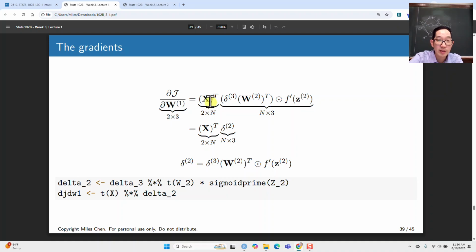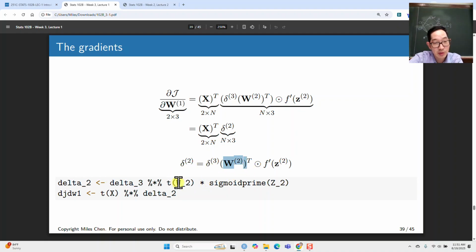I have all of this, X transpose times this times W2 transpose element multiplied by f prime Z2. This part is this, so I'm going to call all of this delta 2, which is going to be delta 3 times W2 transpose element-wise multiply f prime Z2.